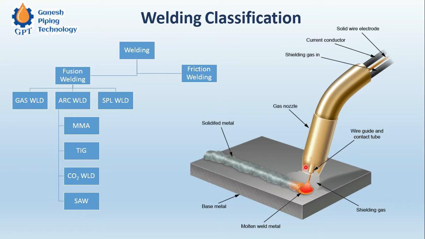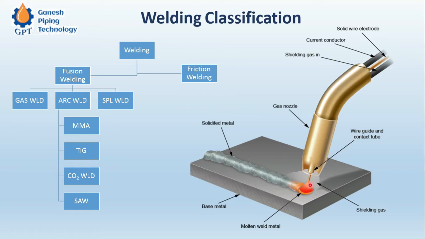There is a carbon dioxide gas which comes out from this nozzle, and an arc is struck, and because of the temperature of the arc, this wire gets molten. There is an arc length, an arc gap, which we have to maintain.